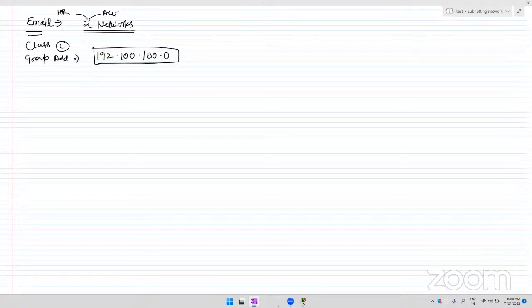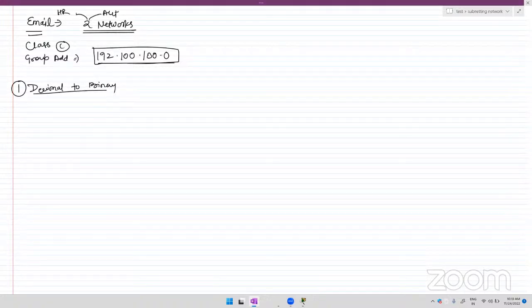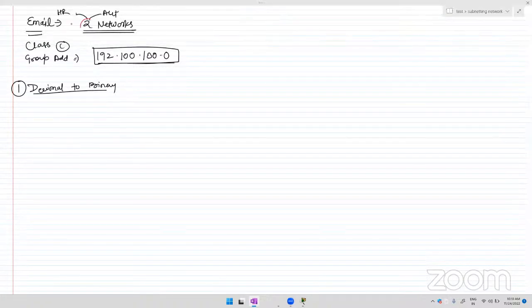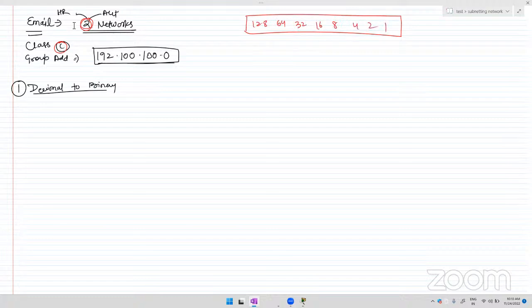Now, the subnetting first rule: decimal to binary. Two groups are required. In Class C, how many octets are free? Only 1 octet. In one octet we have these values: 128, 64, 32, 16, 8, 4, 2, 1.